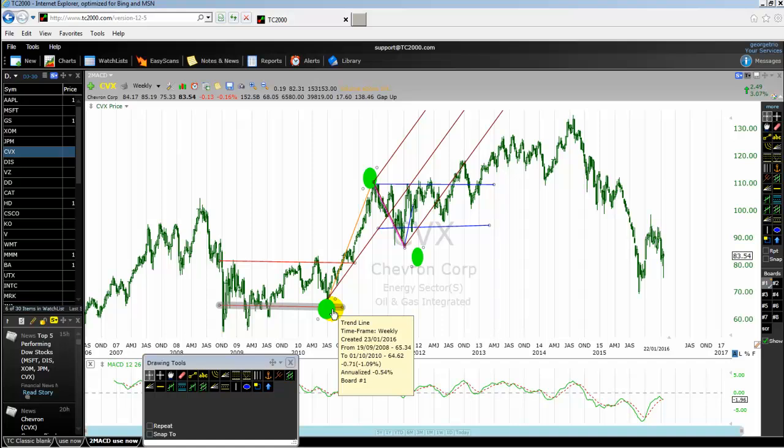The ultimate role of the Pitchfork tool is to determine the possible path of the price. Take it from me. If you have never heard this before, think of it for a second and try to digest it. The ultimate role of the Pitchfork tool is to determine the possible path of the price action.